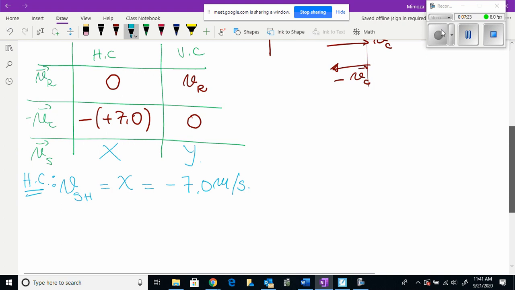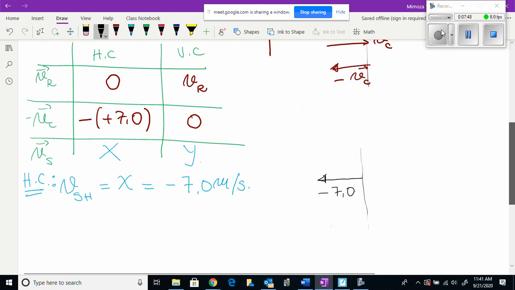To have a negative horizontal component means that you have a vector like this, -7. And a vector like this is produced either by someone between north and west, or someone between south and west.